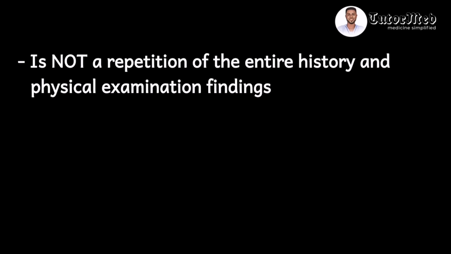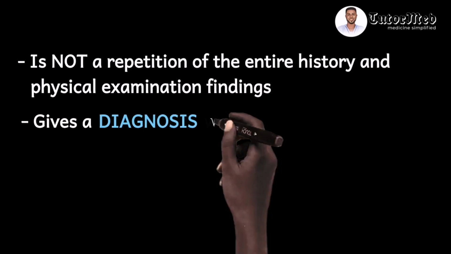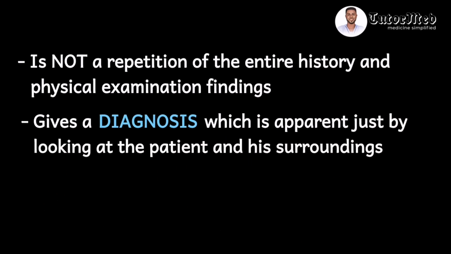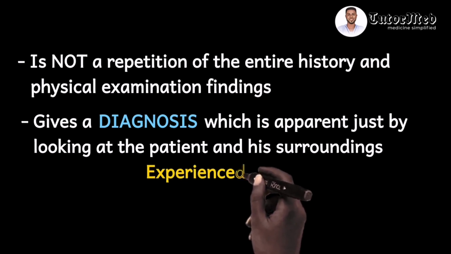Another hallmark of a good case summary is that it gives a diagnosis or clinical report which is apparent just by looking at the patient and his surroundings. Now, most of our superiors are so excellent and experienced that just by looking at the patient and his surroundings, they are able to tell the most probable diagnosis even before we speak, and so the diagnosis we give should be almost evident just by looking at the patient.